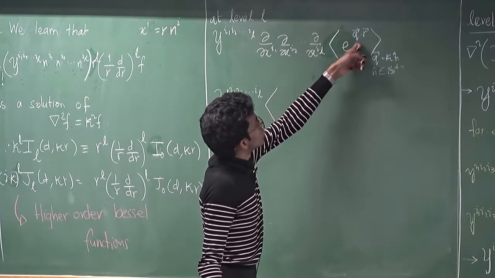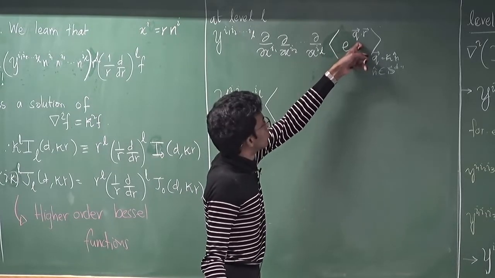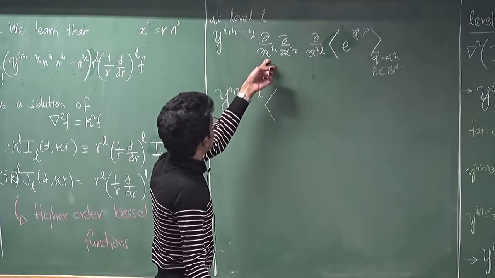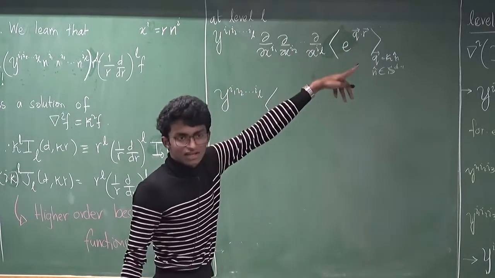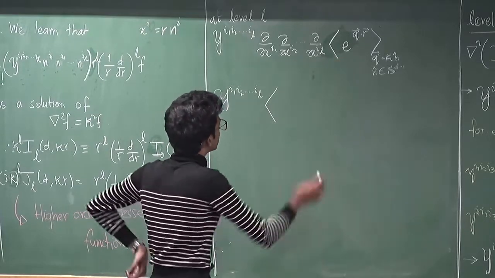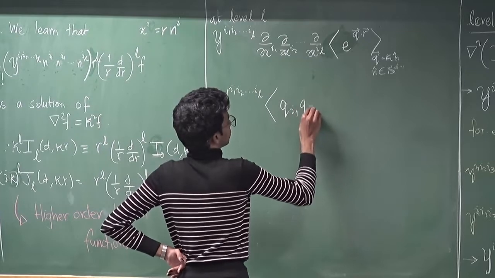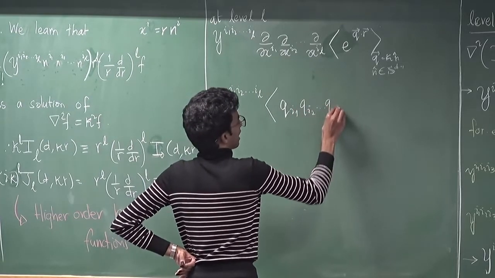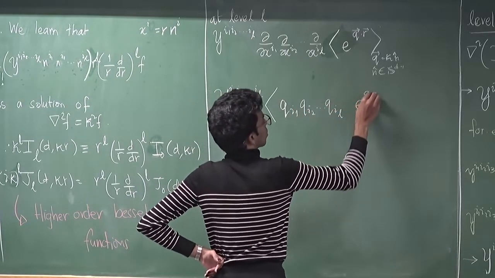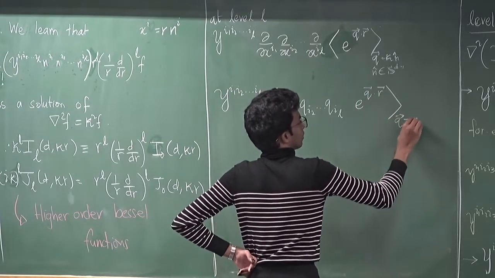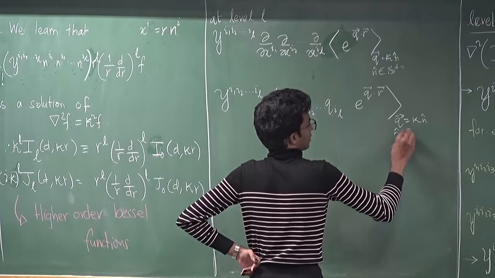This is just e to the q1 r1 plus q2 r2 plus q3 r3 all the way till q_d r_d. So when del x i1 acts on that, it'll just give you q_{i1} down, right? So this gives you q_{i1} down, and then q_{i2} all the way up till q_{iL} times e to the q dot r, q equal to kappa n hat belongs to S^{d-1}.